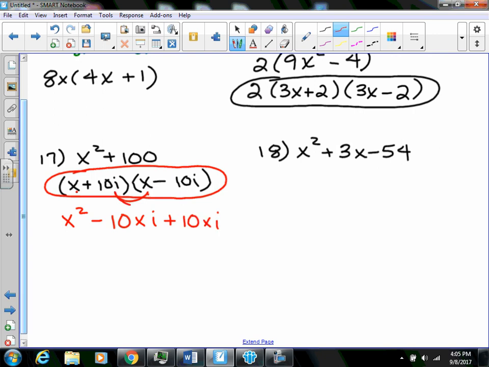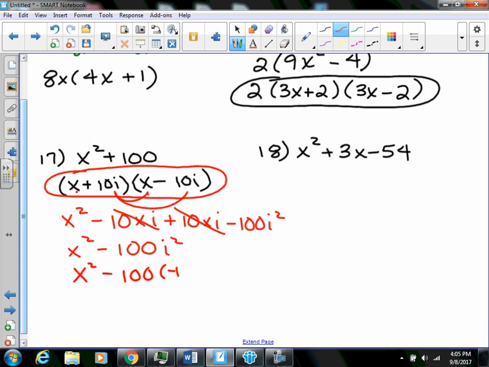And then for the last times the last, that would be a negative 100i squared. Now, the two middle terms are going to cancel out, which will leave you with x squared minus 100i squared. But if you remember, what is i squared? It's negative 1. So you have x squared minus 100 times negative 1, which becomes a plus 100.